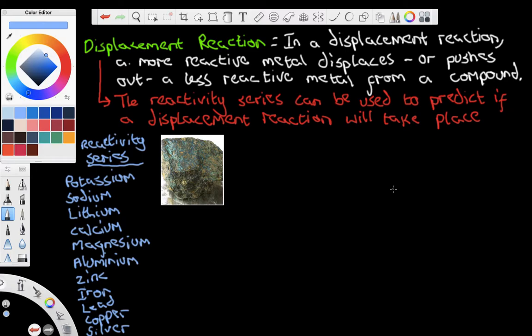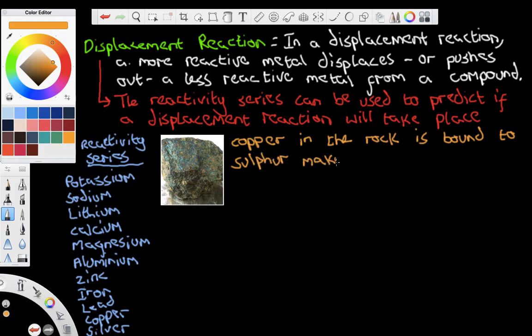So inside the rock, the copper is bound to sulfur to make a compound known as copper sulfate.